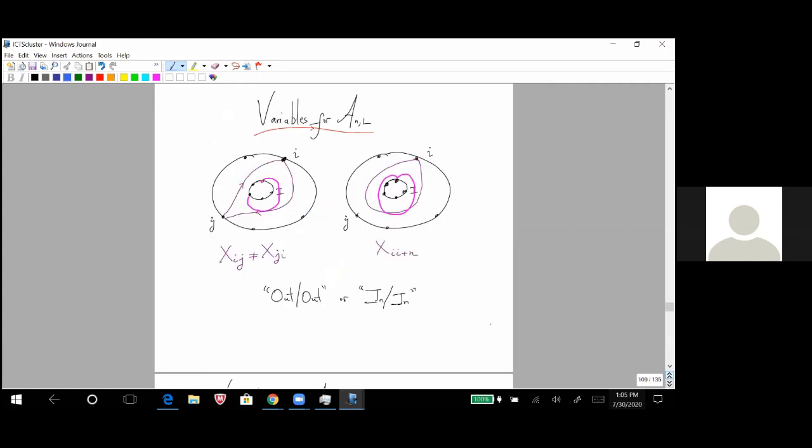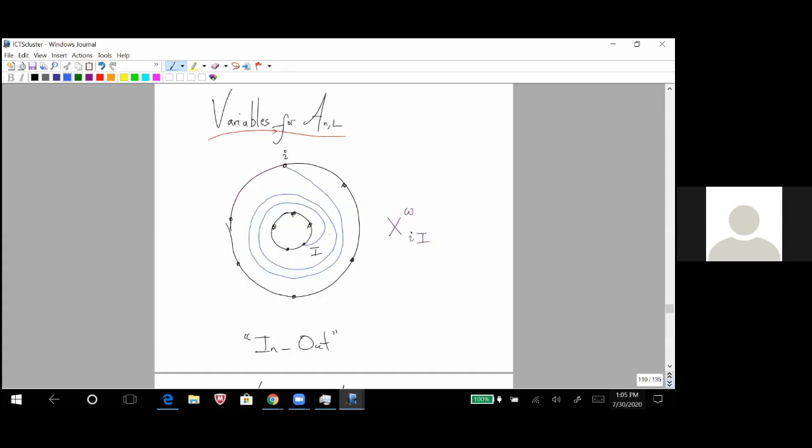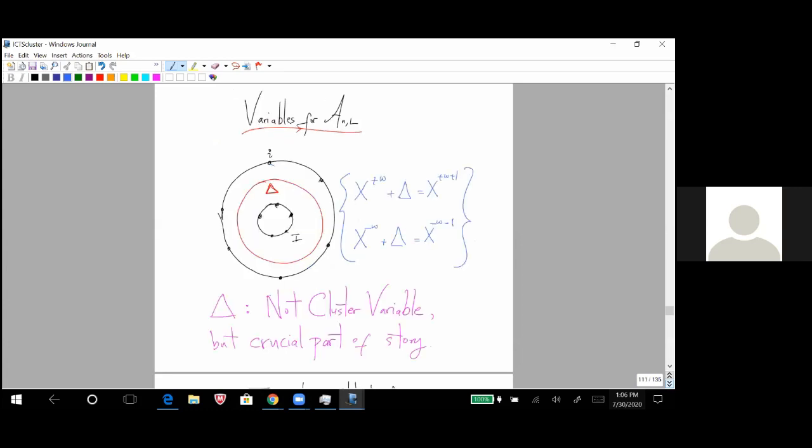My naive kinematic space is the space of these xij not equal to xji, including these xi's on the outside, as well as these x little i big i's that are labeled by some winding, positive or negative winding. Now, as we've seen already, this variable delta is going to be a crucial part of the story.